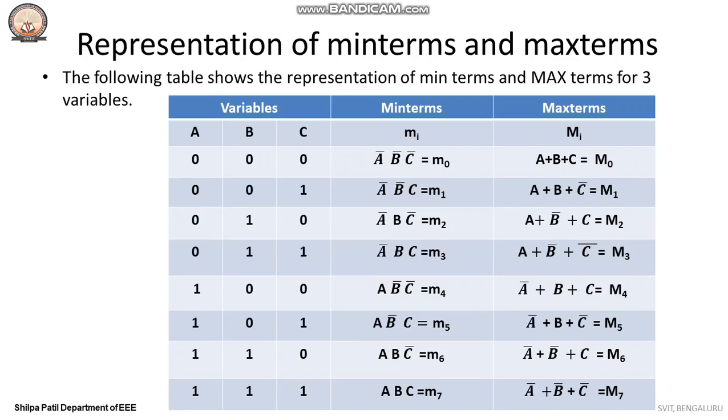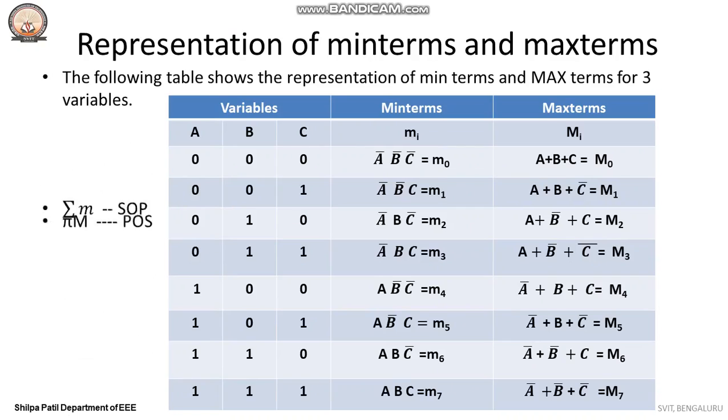So min terms are represented with a small m with a suffix i, whereas a max term is represented with a capital M. In min terms, uncomplemented is treated as 1 and complemented as 0, whereas in a max term, uncomplemented is 0 and complemented is 1.